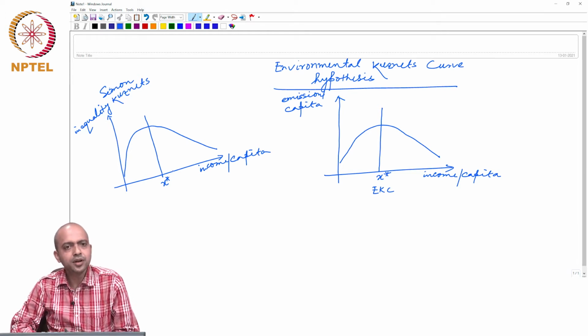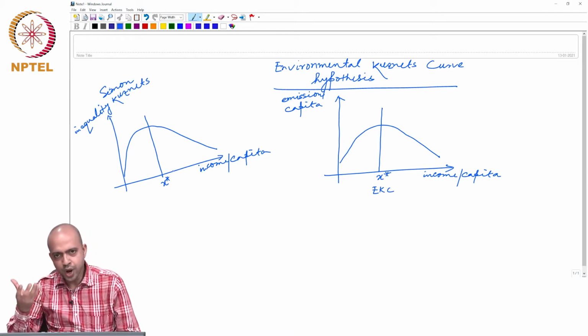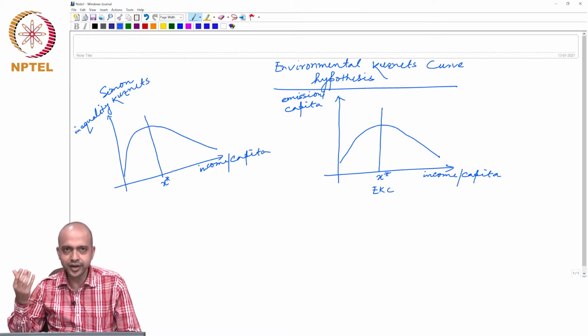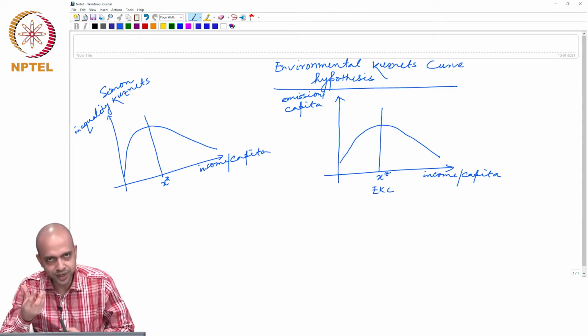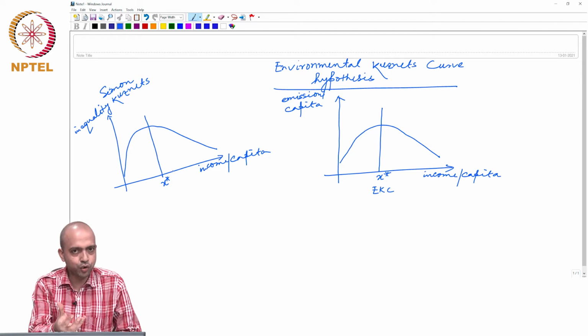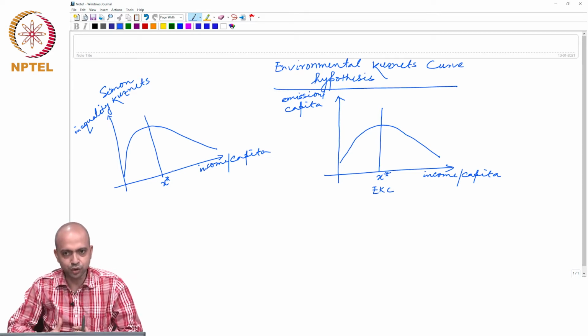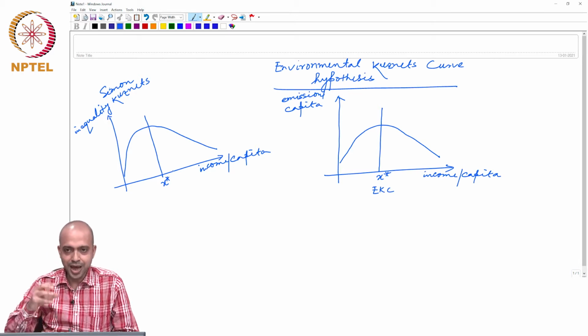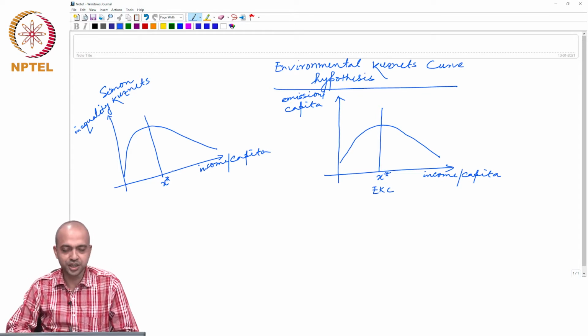Why does it happen? Because as you know, wealth has a natural tendency to be accumulated in the hands of a few. So, when the economy just started growing, the fruits of that growth will be enjoyed only by very few people, as a result of which you will get a huge amount of inequality in the economy.